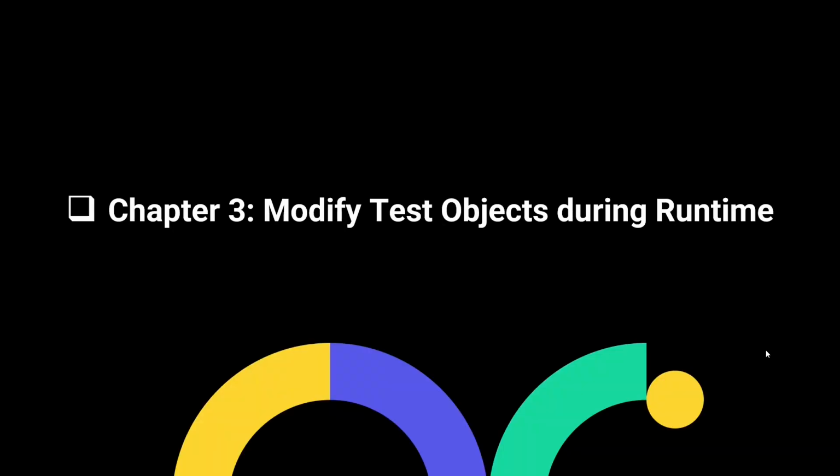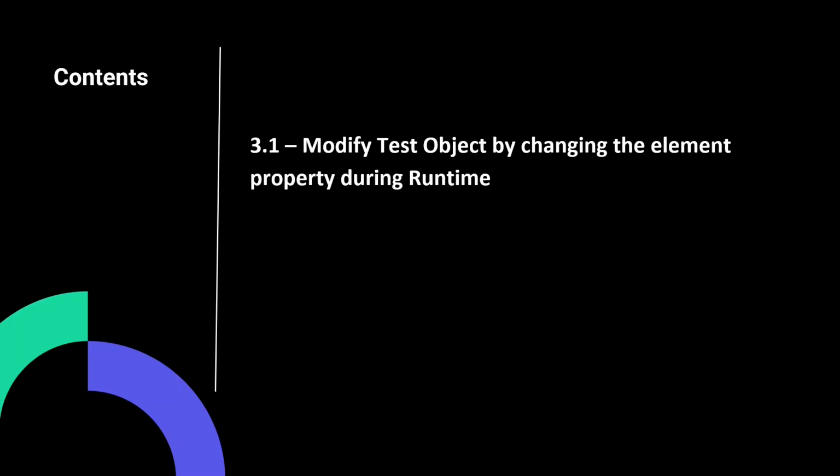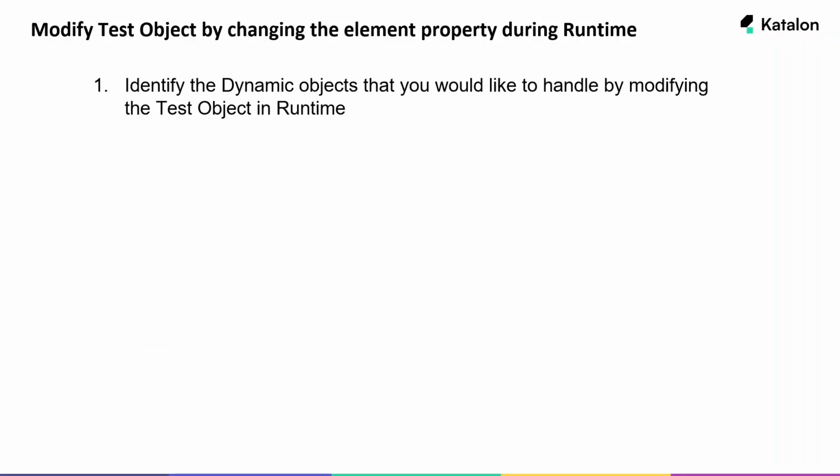In chapter 3, you learn how we can modify test objects during runtime by using Katalon. As part of section 1 in chapter 3, you learn how we can modify a test object by changing the element property during runtime by using Katalon Studio. So following are the test steps that we need to follow to modify your test object by changing the element property.